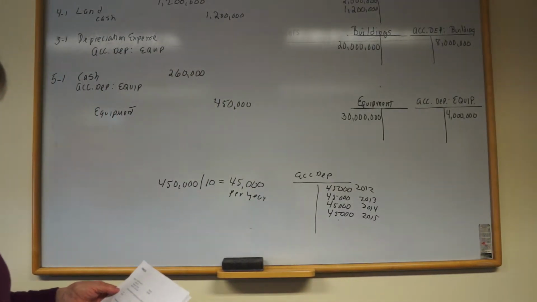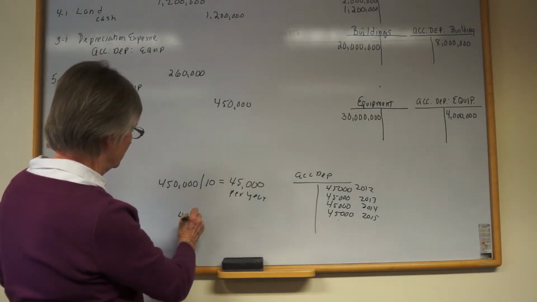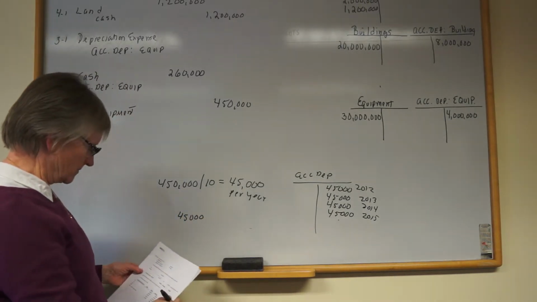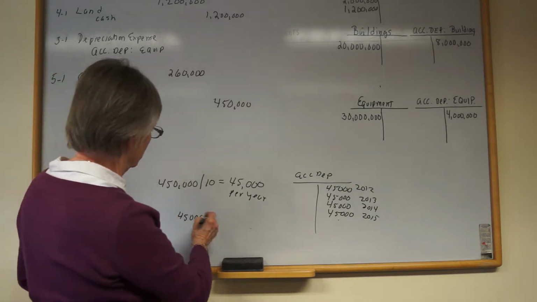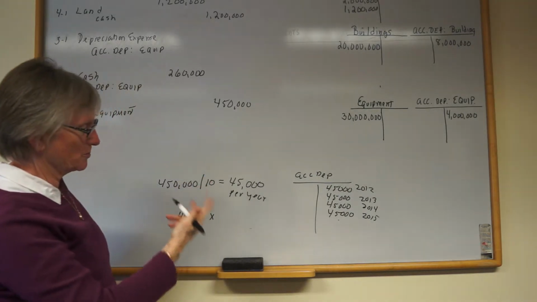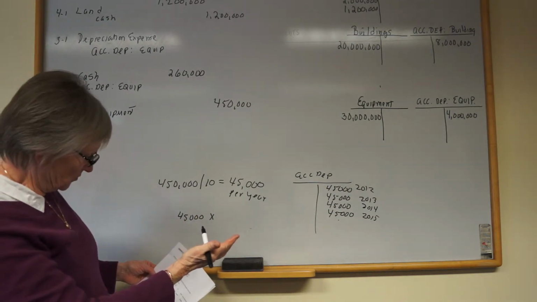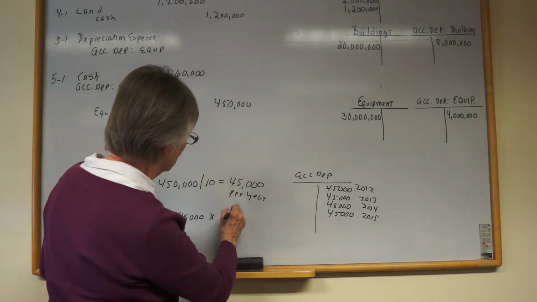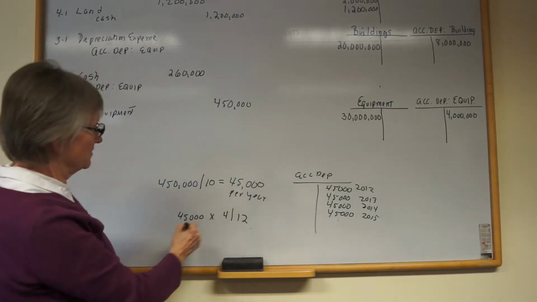But we're selling this on 5.1. So if we do this times January, February, March, April, May, we're selling it. We would update the depreciation until the beginning of May, so we would go 45,000 times 4/12.